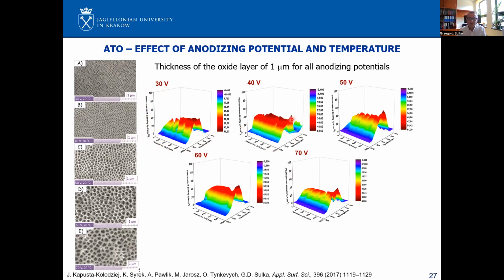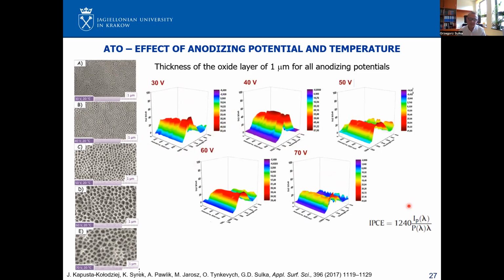The maximum of generated photocurrent was observed at about 340-350 nanometers, and we also calculated the quantum efficiency of conversion of photon into electricity, and we observed the best results for a sample which was formed at 40 volts.